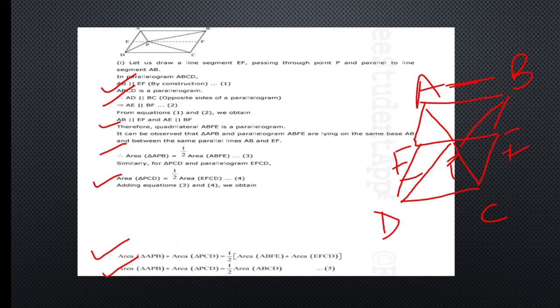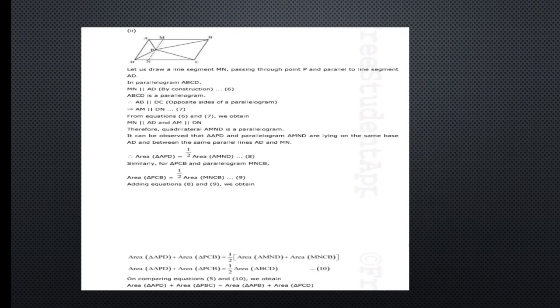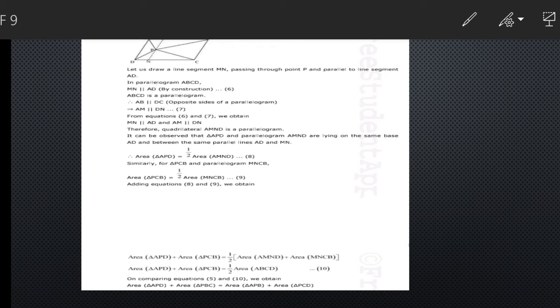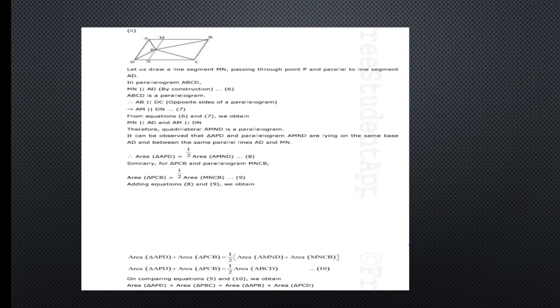Next, move on to the second proof. Now we will draw a line which is parallel to AD and passes through P. So MN is a line which is parallel to AD and also parallel to BC.